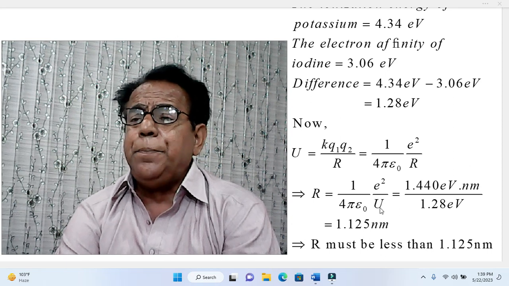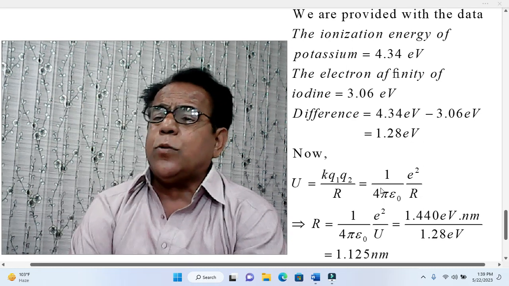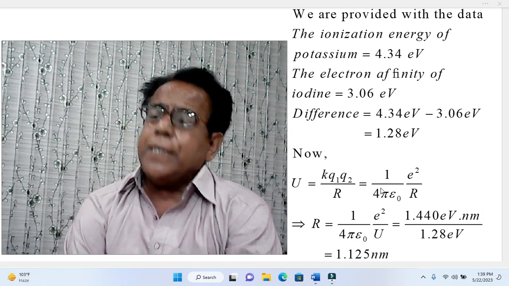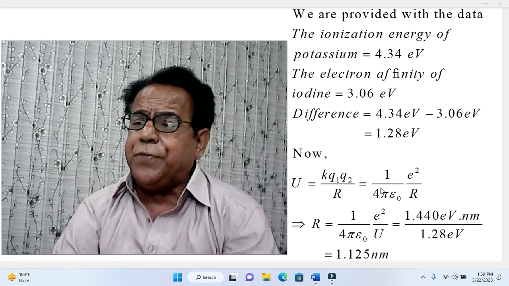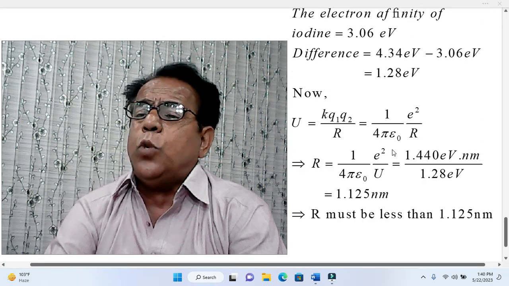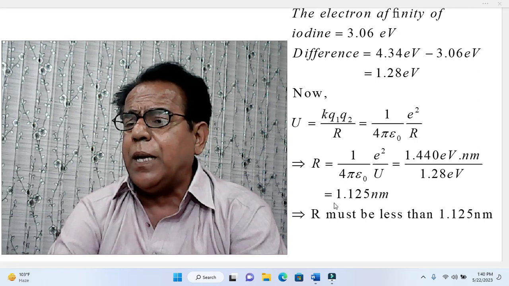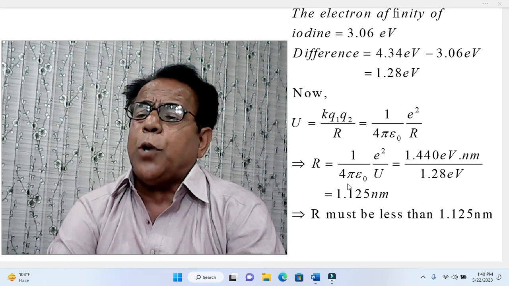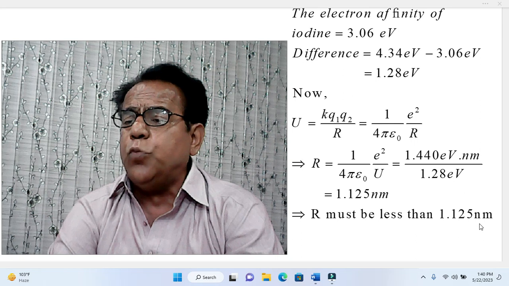In the statement, the ionization energy of potassium is given and the electron affinity of iodine is given, and we have taken the difference of these two values in electron volt, and their difference is equal to U. After simplifying we will get capital R equal to 1.125 nanometer, and this is our solution of the problem. This implies that R must be less than 1.125 nanometer.